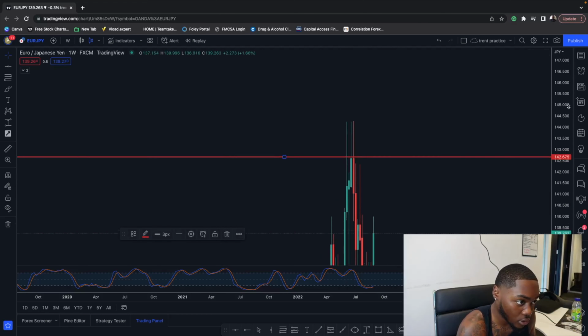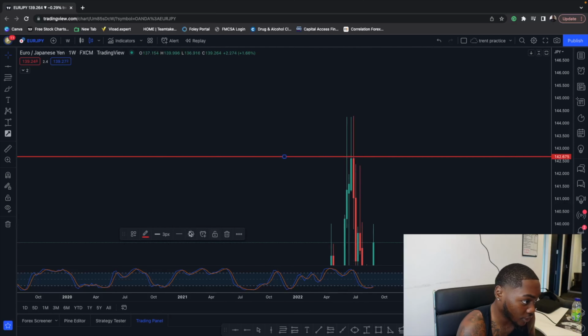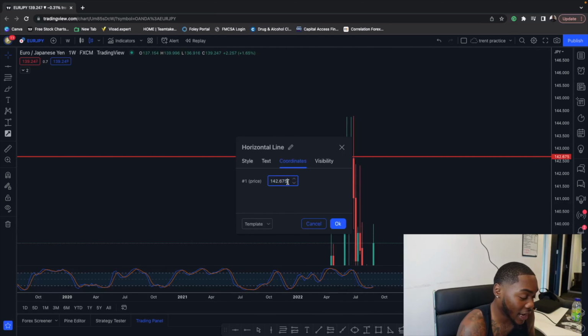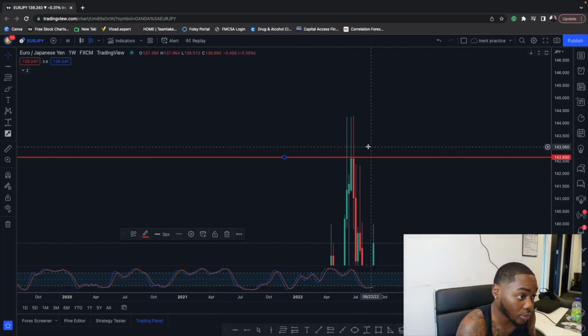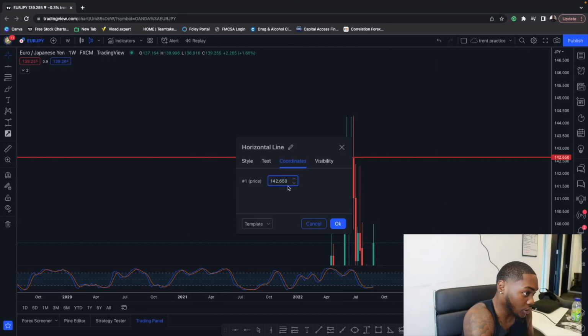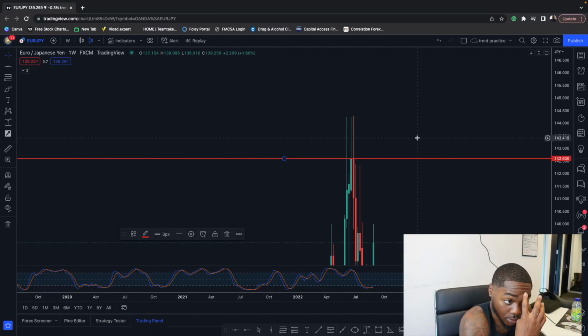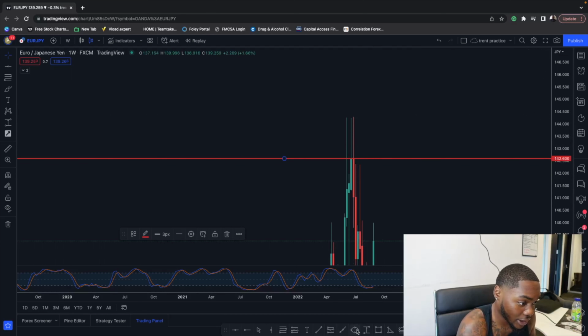As you can see, it's a little bit above, so let's do 50. You want these to be as accurate as possible, because when you get on a lower time frame, sometimes these hit literally by the pip. It's still too high. Let's just do 142.600, and that looks to be perfect. As we can see, we are directly on the close of these candles, right on that red candle and green candle.